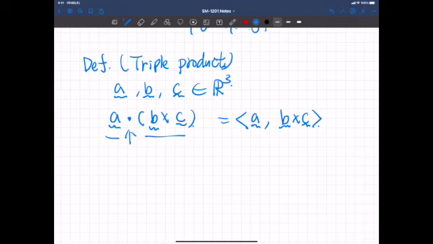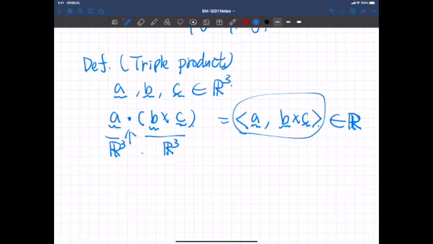And so this is a scalar. So this is a real number. This B cross C is a vector in three-dimensional space, and A is a vector in three-dimensional space. So their scalar product is a scalar.